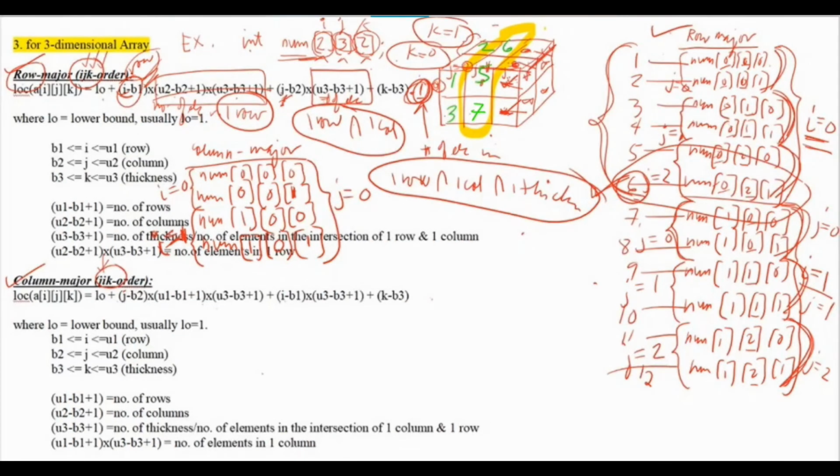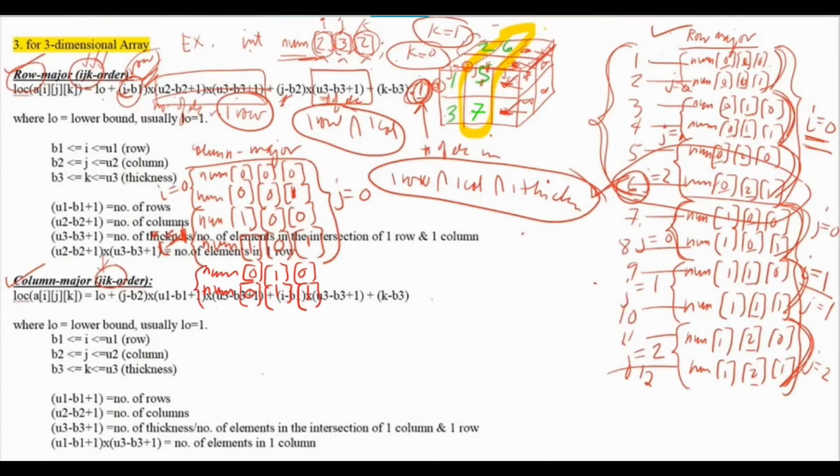So the fifth element on the second column is num, i here is 0, j is 1, and k is 0. Next is the one labeled number 6 at the back of number 5. That is num 0, and j is 1, and k is 1.